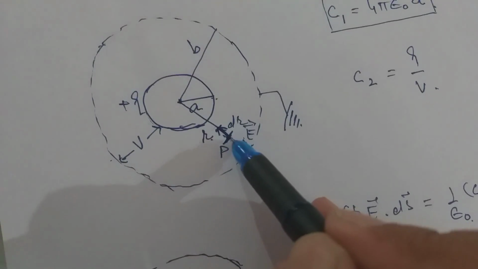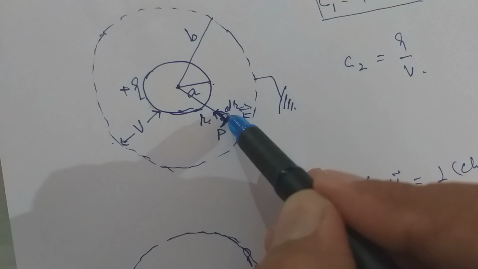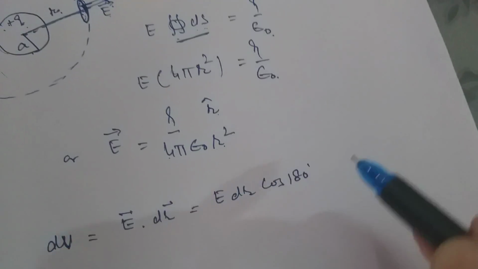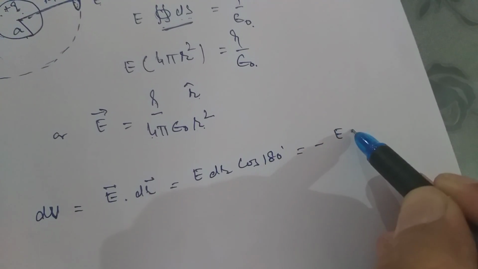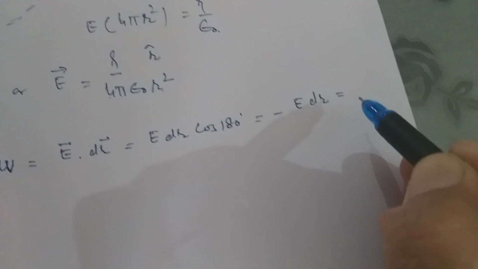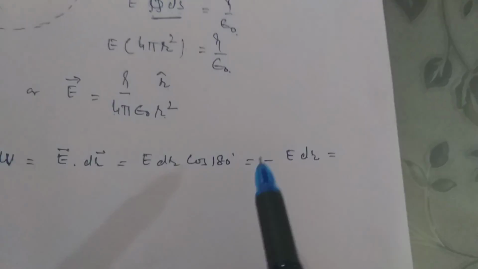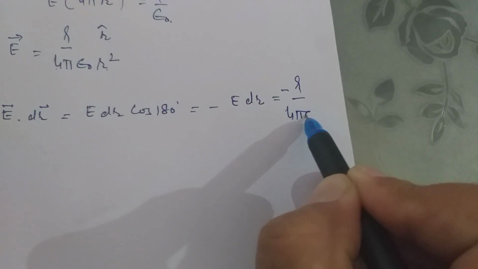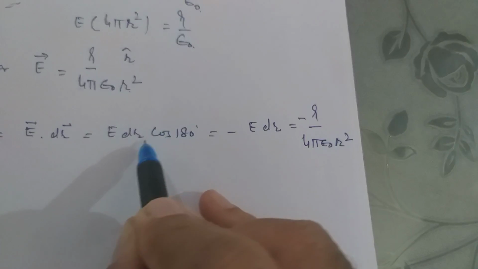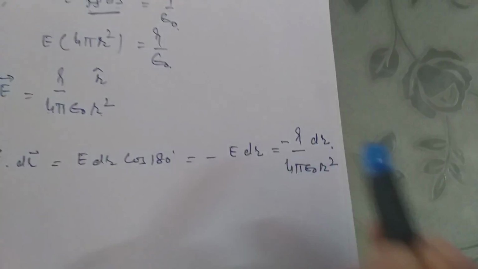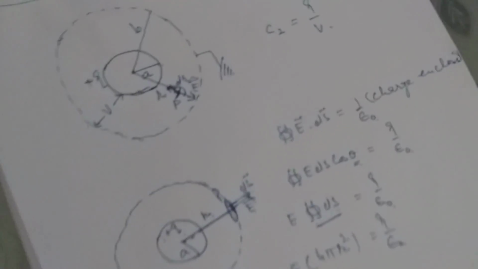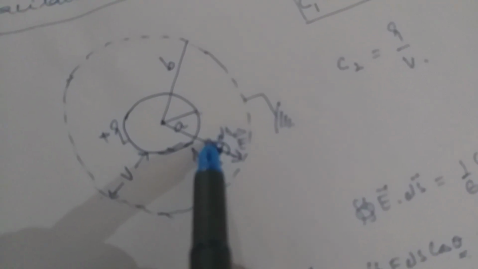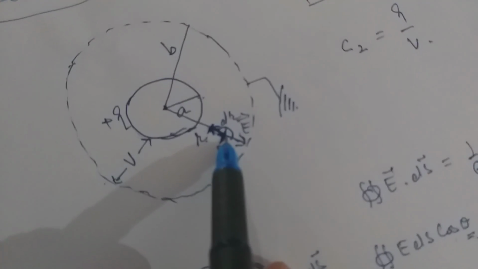The angle between E and dr is 180 degrees. Therefore, cos 180 gives minus E dr, that is minus Q upon 4 pi epsilon naught r square into dr. So this is the potential difference across this length element dr, or across the gap dr.